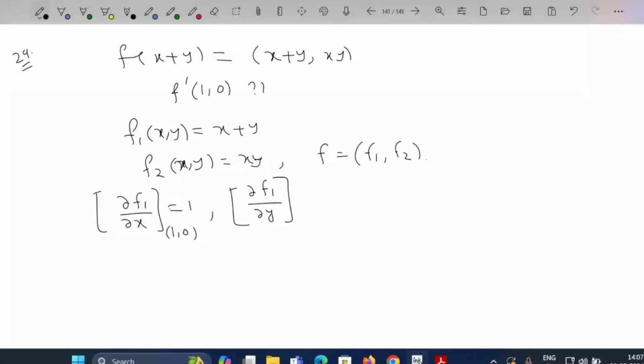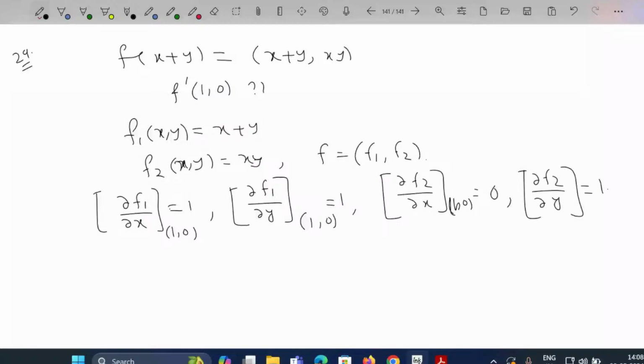The partial derivative of f2 with respect to x at the point (1, 0) will be y, and it will be 0. And the partial derivative of f2 with respect to y will be x, so the value will be 1 at the point (1, 0). Correct.